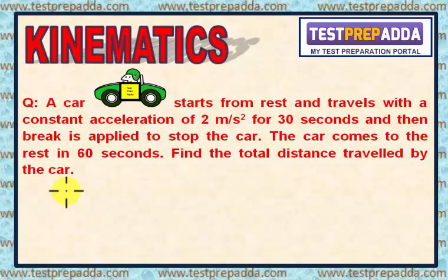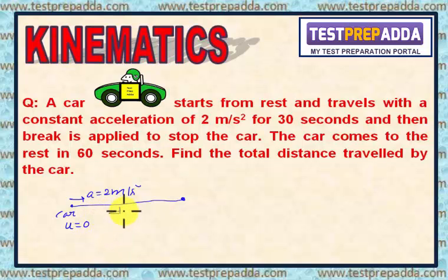So you can see initially the car is having velocity 0. Now the acceleration is given as 2 meter per second square. So this actually belongs to case 1 which we discussed in this session. So the car will move like this for 30 seconds.